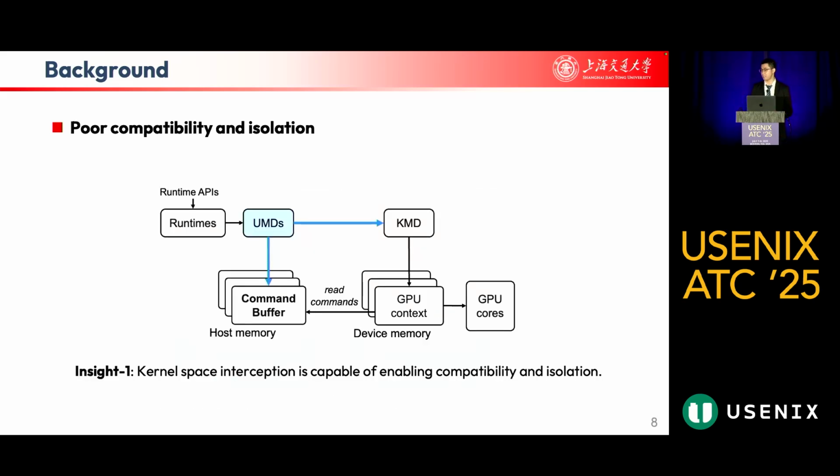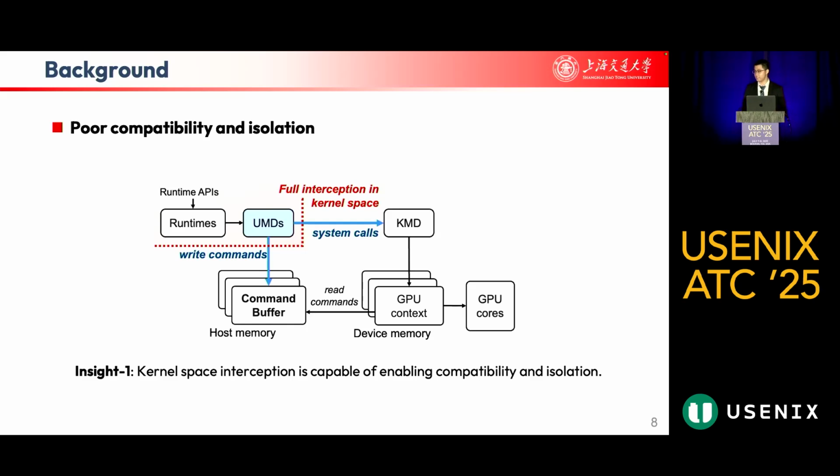So our key insight is that to ensure capability and isolation, we need to intercept requests in kernel space. Specifically, the user mode driver will write commands to the command buffer and issue system calls to the kernel mode driver. We want to intercept those 2 requests.